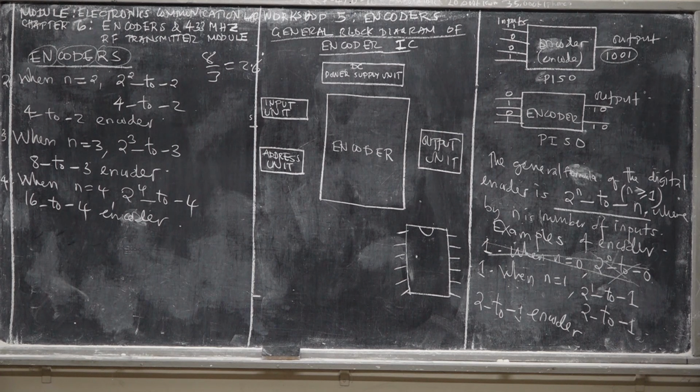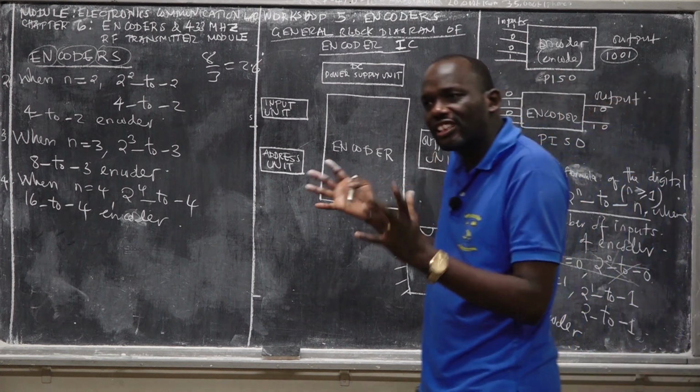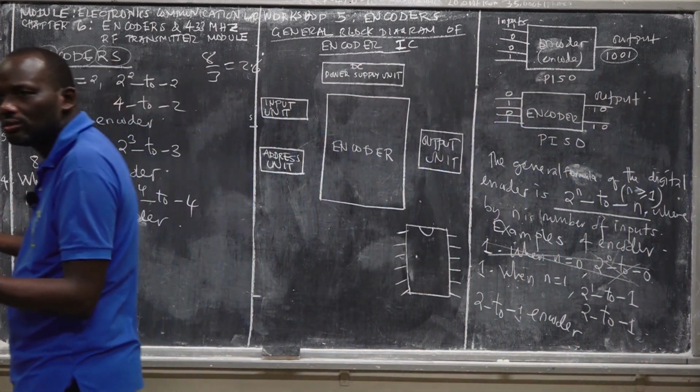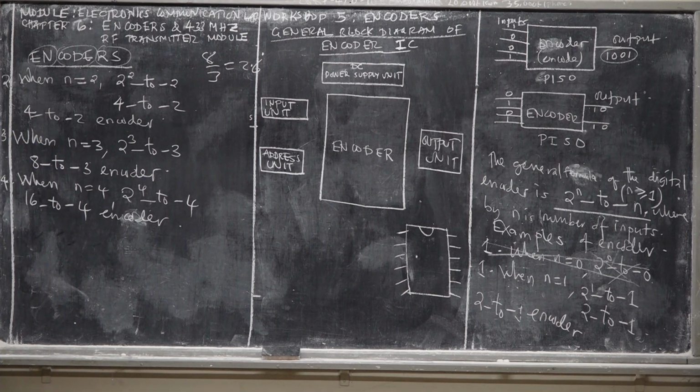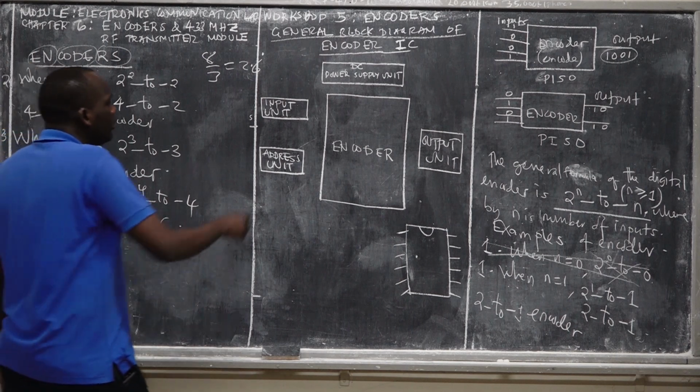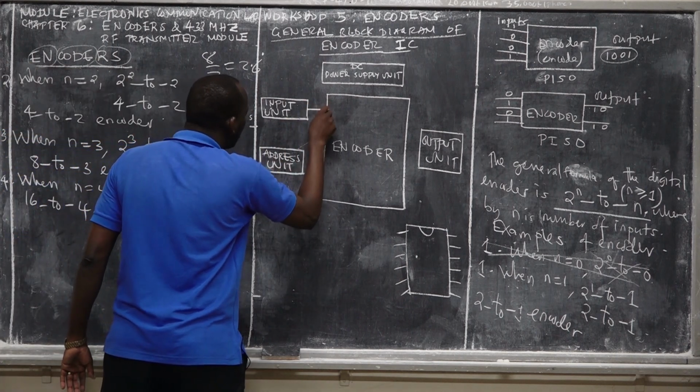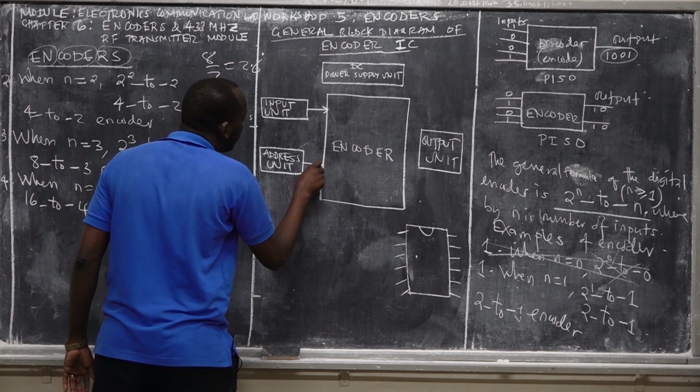Are we together? Once you learn a concept, you have to ask yourself: how do these components exist? Is it an integrated circuit or a discrete component? So this one means that the impulse will be supplied to the encoder.